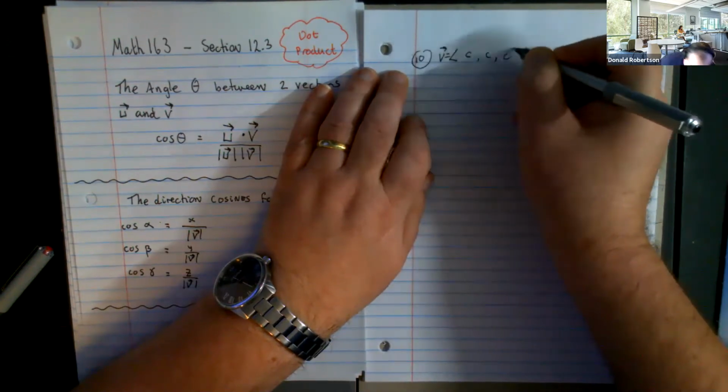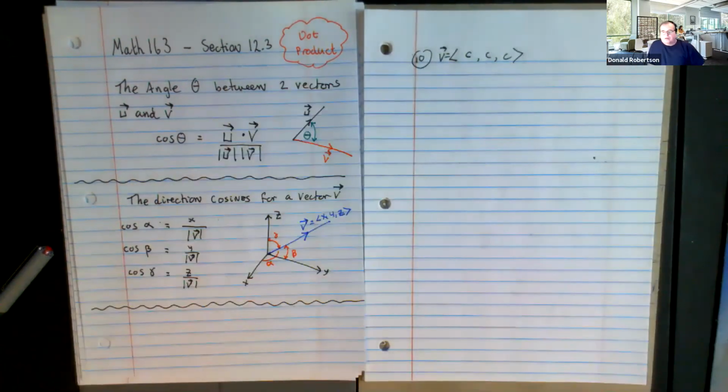Here's the same question, but with a real kicker in the tail. The vector V is equal to C, C, C, where C is a constant. And they want us to find the direction cosines and the angles.